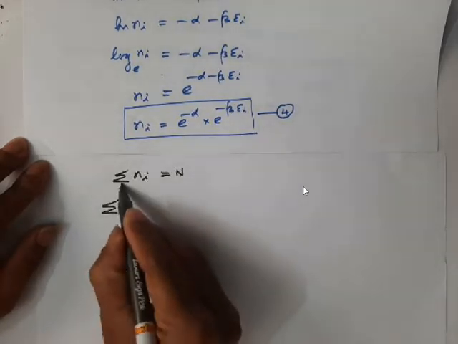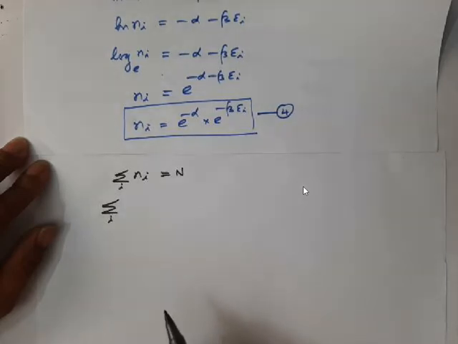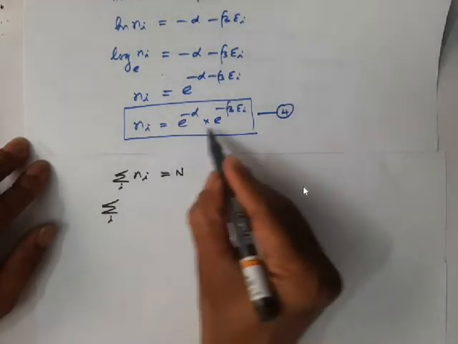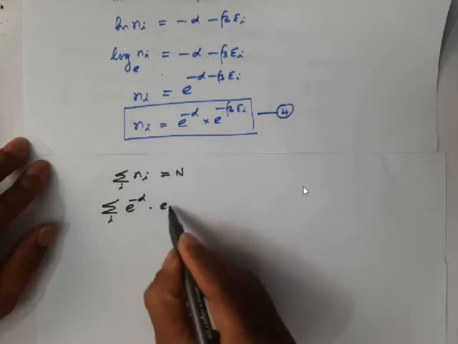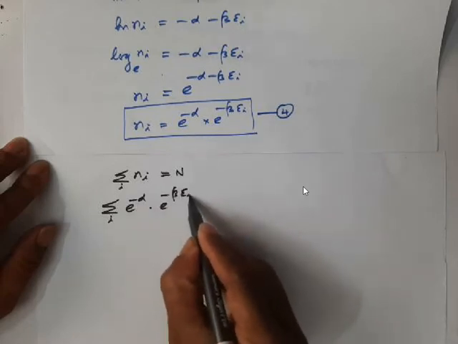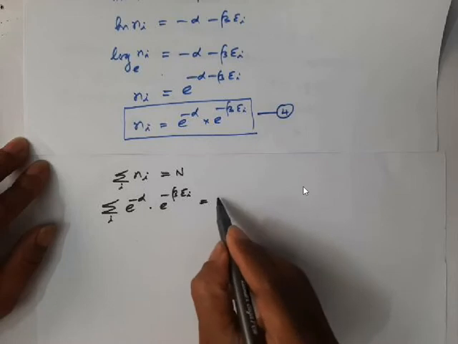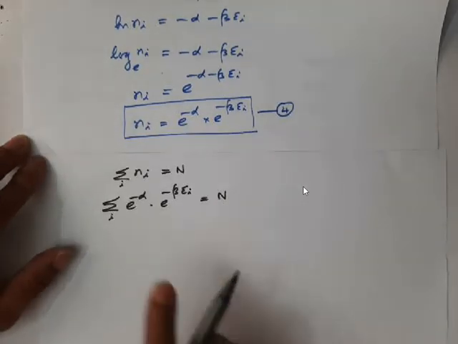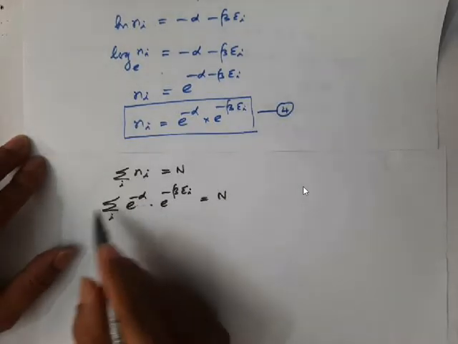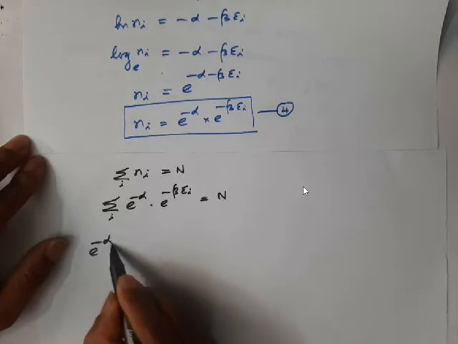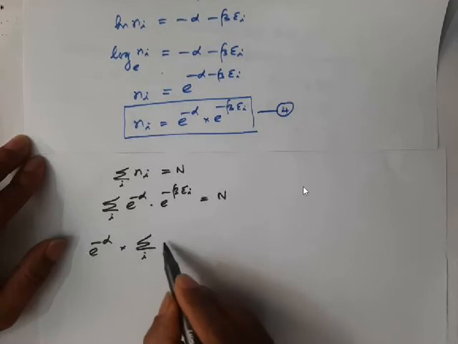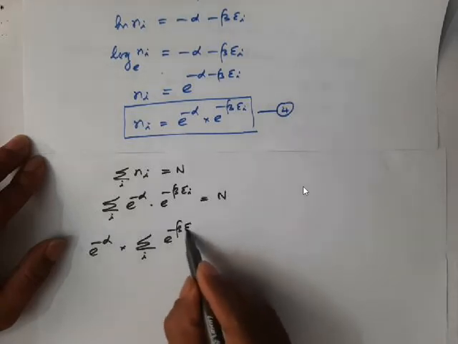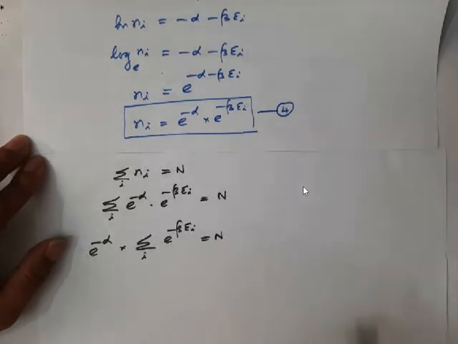Summation over i. What is Ni from equation 4? Ni is nothing but e power minus alpha into e power minus beta Ei, and that is equal to N. E power minus alpha is constant, so I can keep it out. E power minus alpha into summation over i e power minus beta into Ei equal to N.